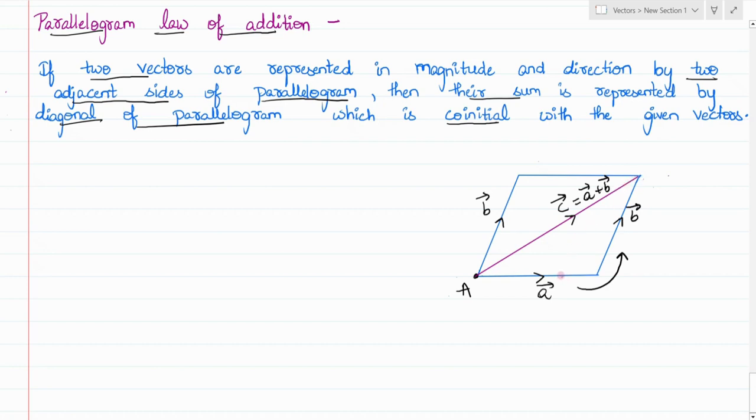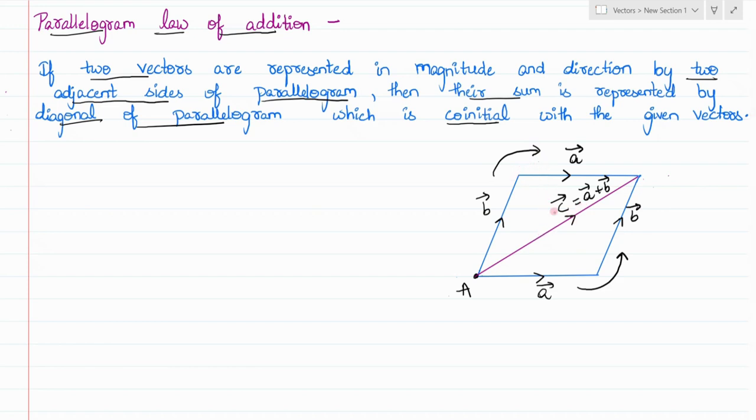Similarly, if you take the parallel vector of A, which is this, here also B and A are represented as the adjacent sides of a triangle, which are in the same order.